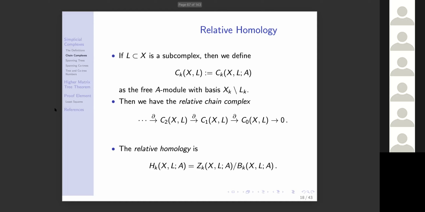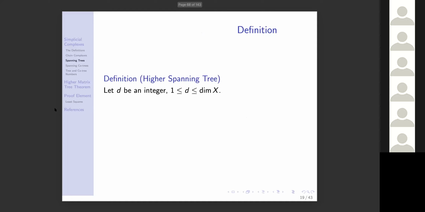Now we get to spanning trees. In my last week's talk, I defined spanning trees for graphs. Now I'm going to define higher dimensional spanning trees in a simplicial complex. I choose some integer, any integer you hand me, let it be called d, that's sandwiched somewhere between 1 and the dimension of my simplicial complex.